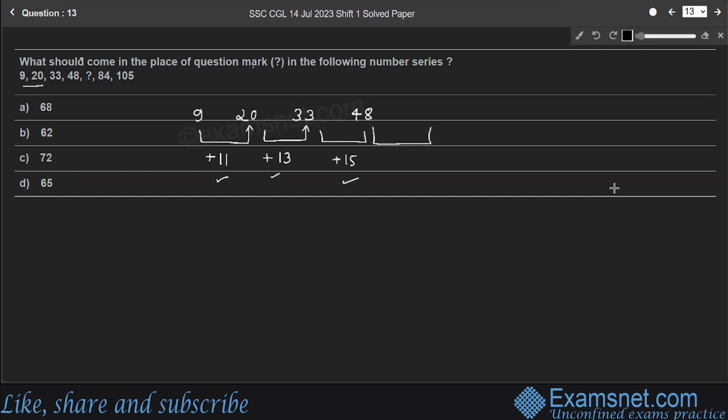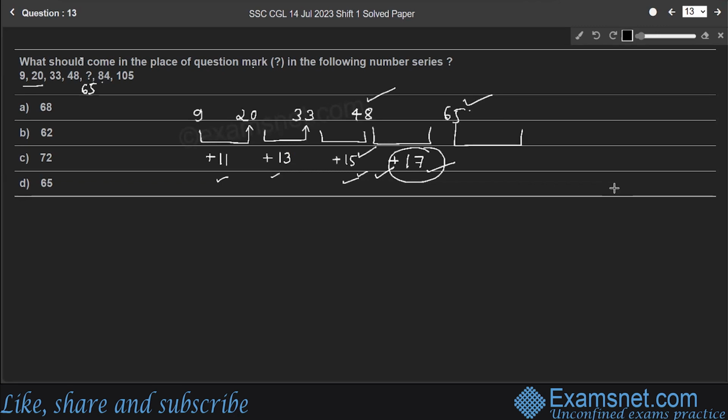Therefore, the next consecutive odd number is 17. So you have to add 17 to the previous number, which is 48. You will get 65. Therefore, the fifth number is 65. The difference between 65 and its previous number is 17, which is the next consecutive odd number to 15, right?